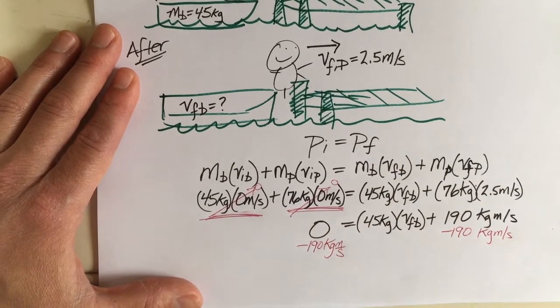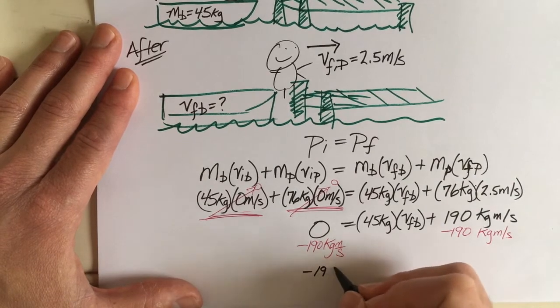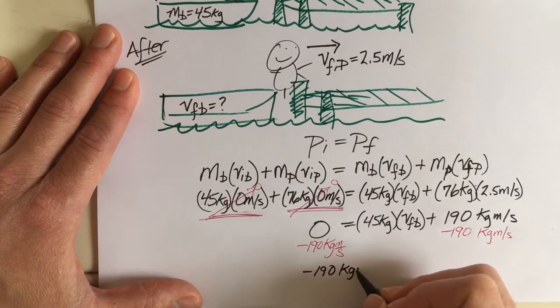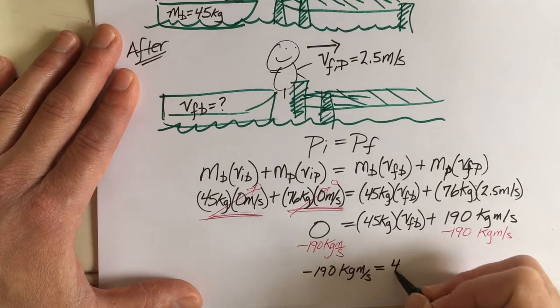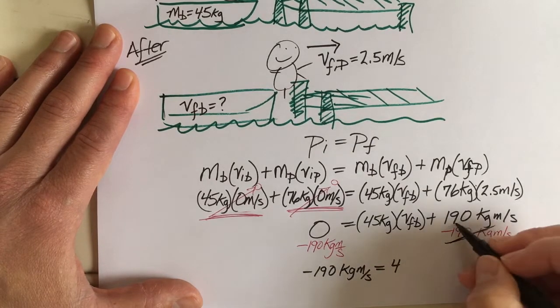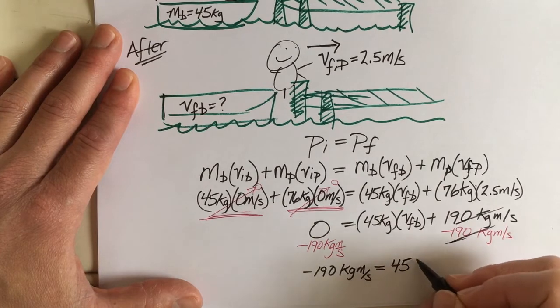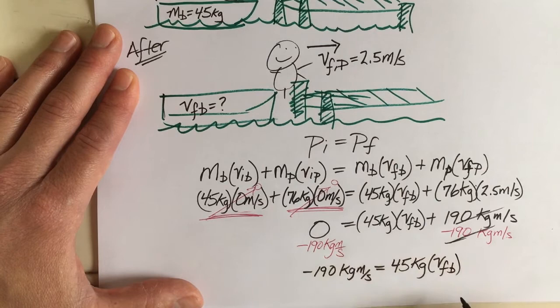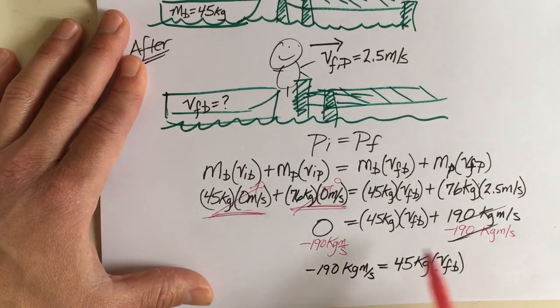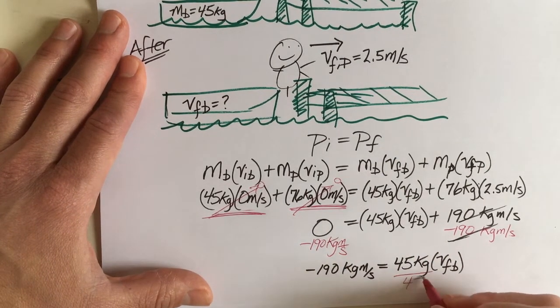So we're going to end up getting negative 190 kg meters per second is equal to 45. Both of these cancel out. Is equal to 45 kg times VFB. So then I can go ahead and divide both sides by 45 kilograms.